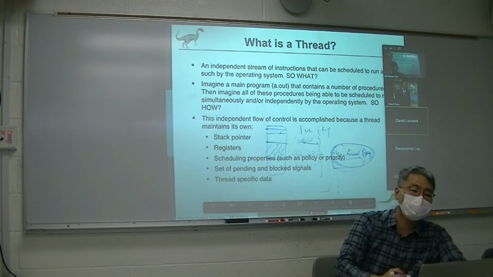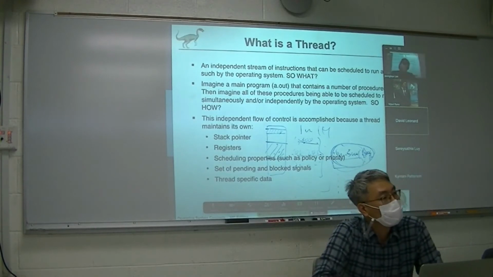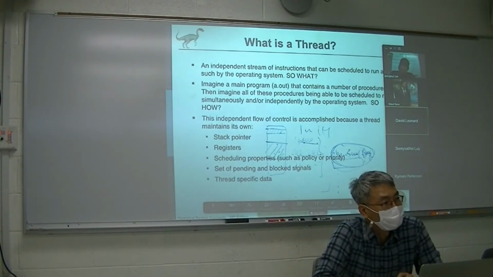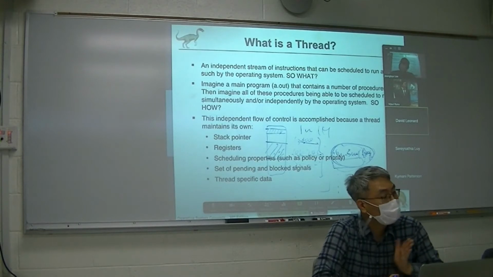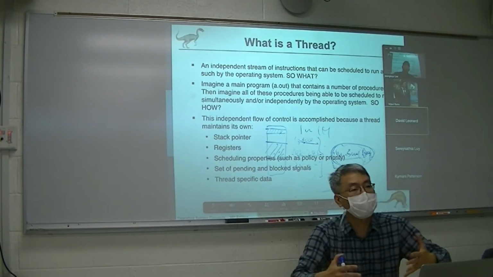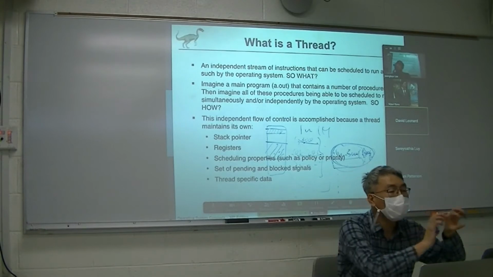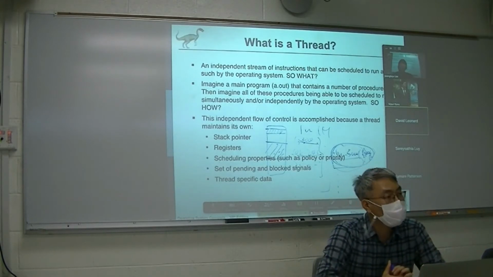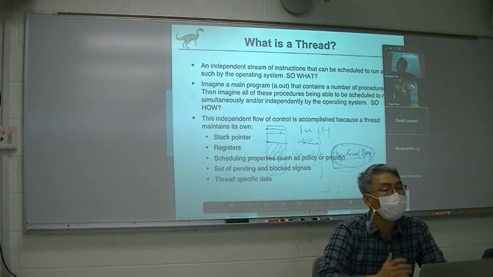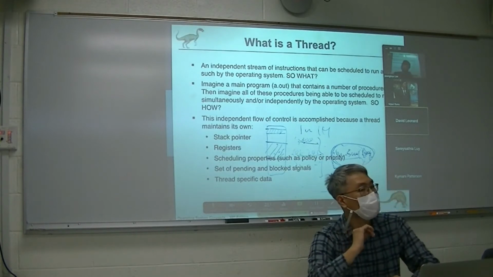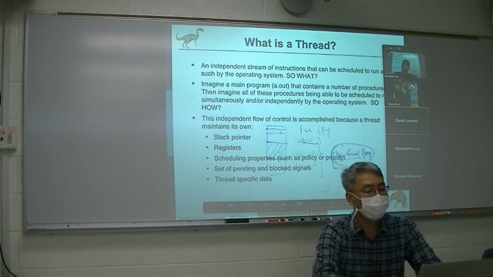So we cannot share the stack. What about the registers? A register is a storage. Each student has their own storage. Even though they are identical, their values will be different. So registers should not be shared, which means each thread has its own register information.